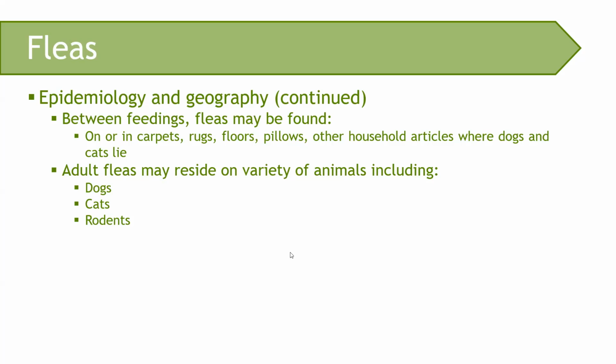Usually, the locations where we can find fleas: carpets, rugs, floors, pillows, household articles where dogs and cats lie. Kaya dapat, no, you must take extra caution sa pag-aalaga ng mga aso at pusa. Make sure they don't have fleas.